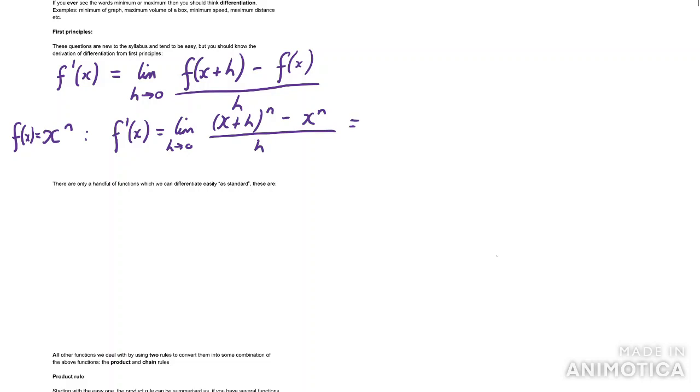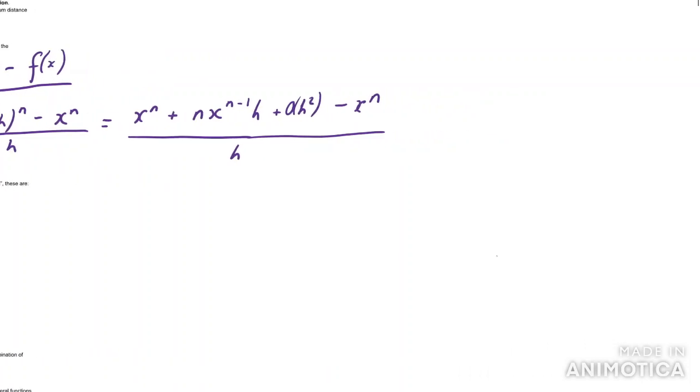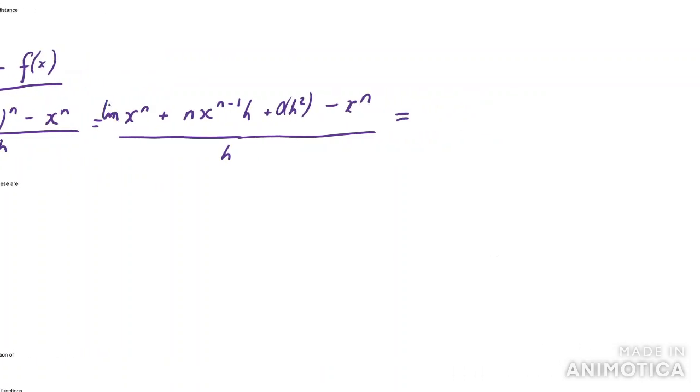We can write that out as x to the n plus n lots of x to the n minus 1 times h, plus a bunch of h squared or higher terms, minus x to the n. Just be aware that if we expand that bracket out, we'll just have a bunch of h squared or more terms. Then we divide that by h, keeping in the limit as h tends to 0.